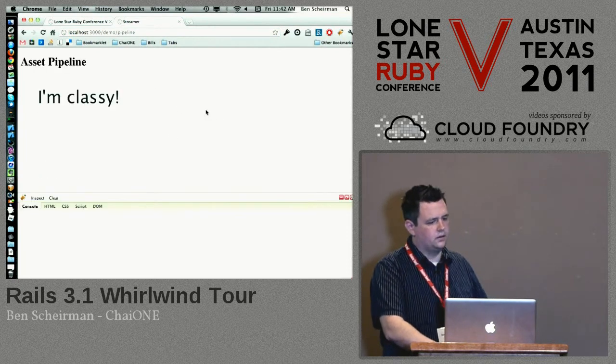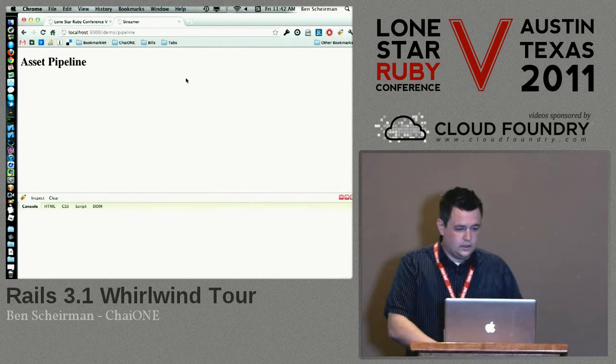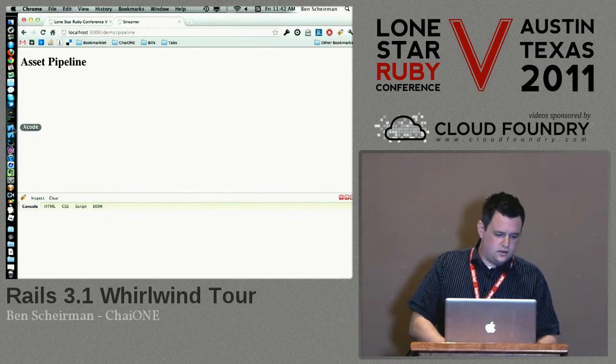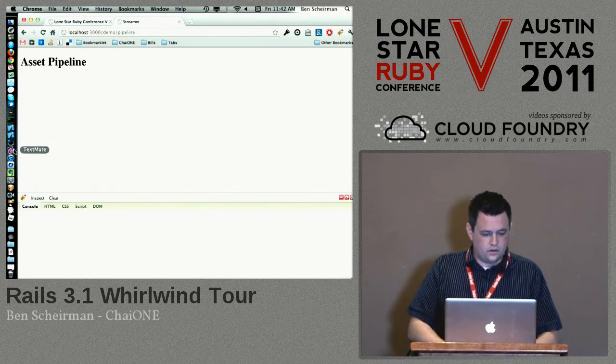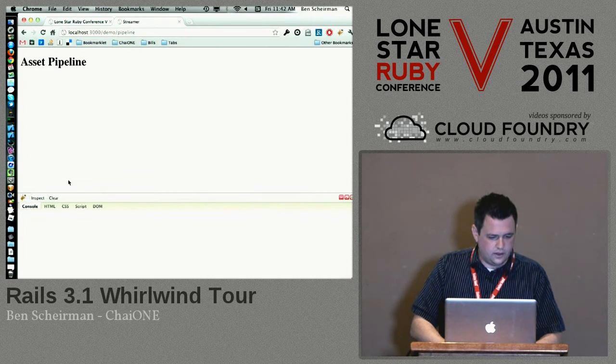And if I've done it correctly, when I click on it, they fade out. So nothing too fancy here. It's just that these files are getting concatenated for us, which is really, really handy.